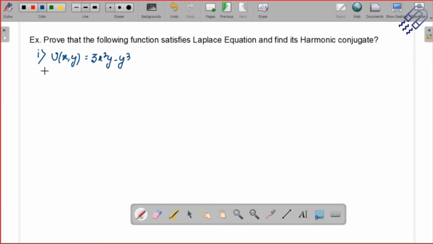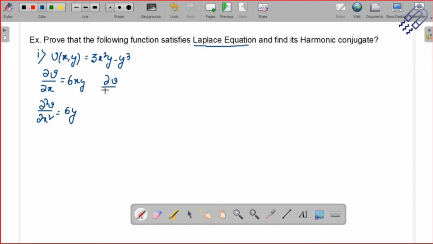So what we do is we find out del v del x, because the first part of the question is to show it satisfies the Laplace equation. You can do it on your own also, and just do it here. Del v del x, x is only this, so this is 6xy. And then del squared v del x squared is nothing but 6y.